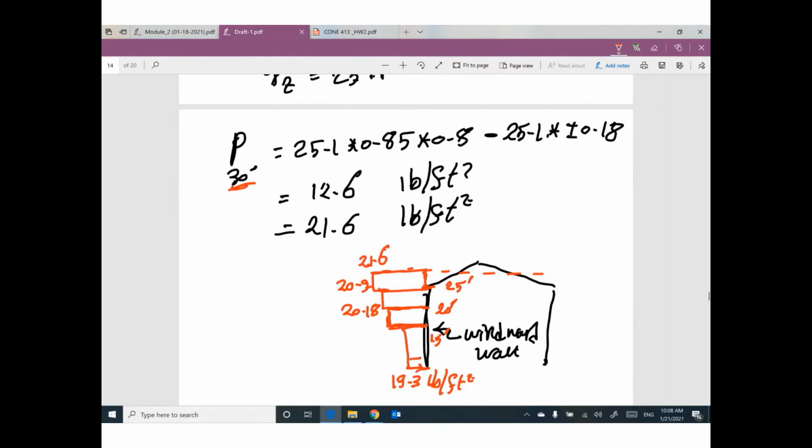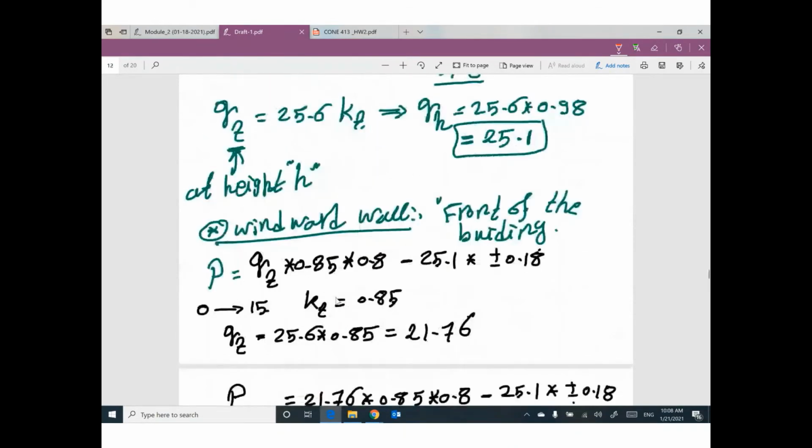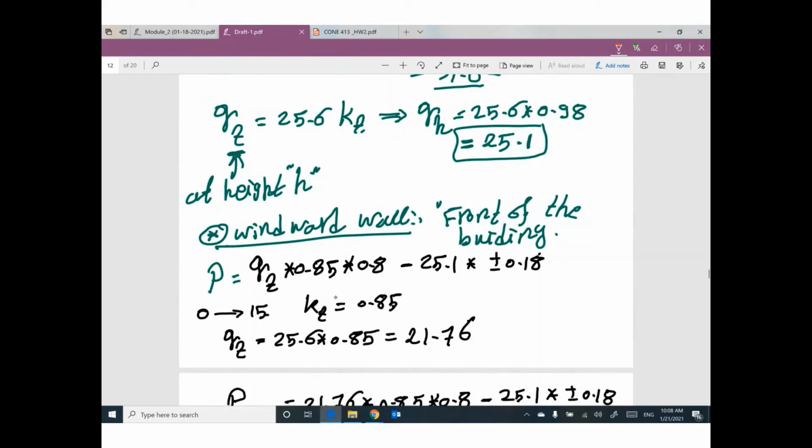Here are the values of the wind pressure on the windward wall of the building.